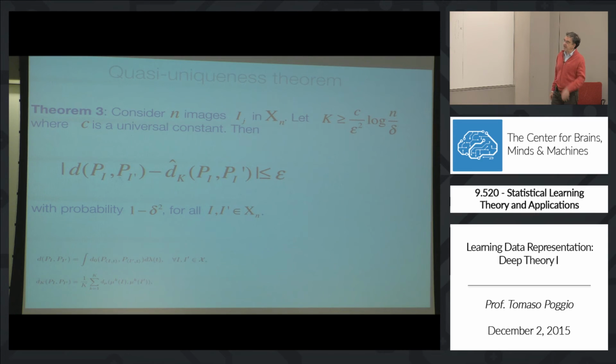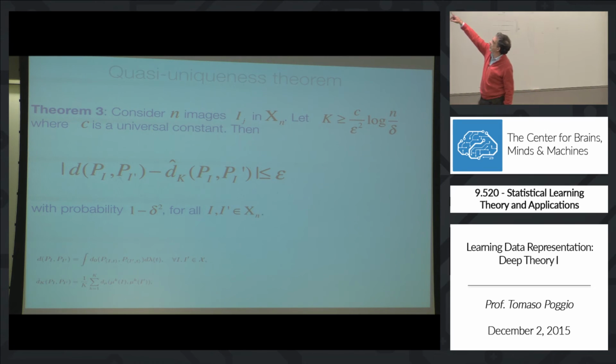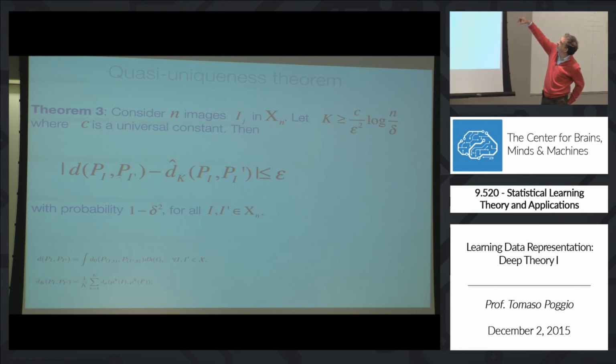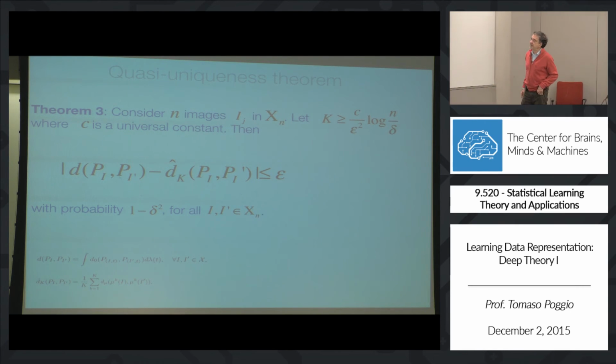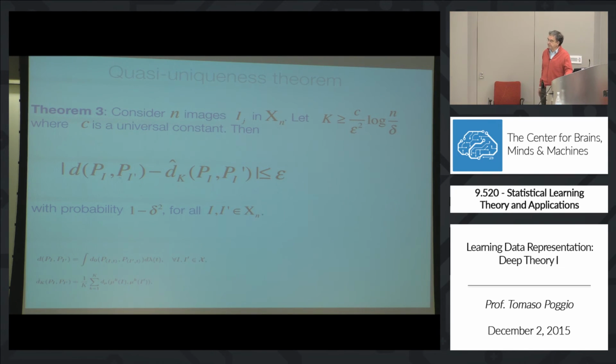So it's very similar in spirit, also in the fact that the number of histograms, therefore of templates, like the bike, one is not enough, but the number of them to have uniqueness or quasi-uniqueness depends on the log of the number of objects that I want to distinguish.